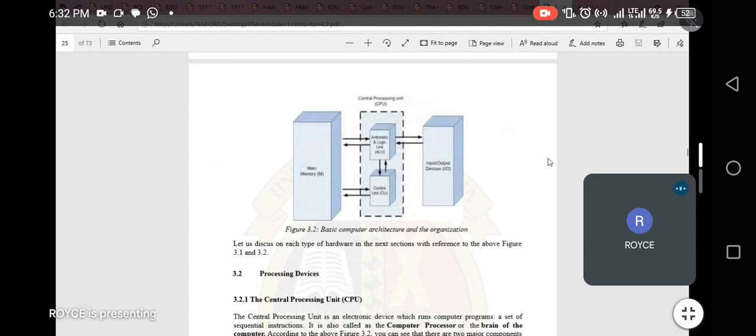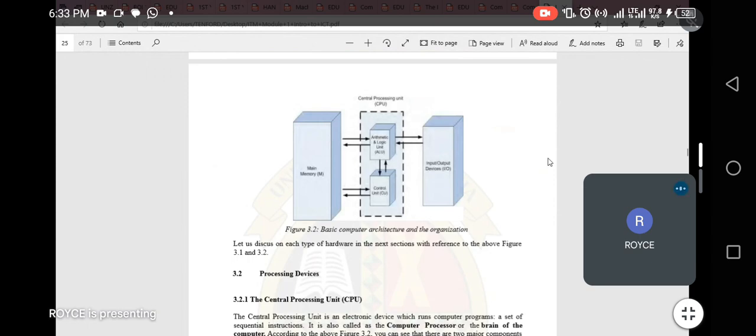Sorry, madam, just sorry for disturbing you. No, it's okay. Meaning the central processing unit comprises all the parts on the diagram? Sometimes the main memory is usually not part of the central processing unit.